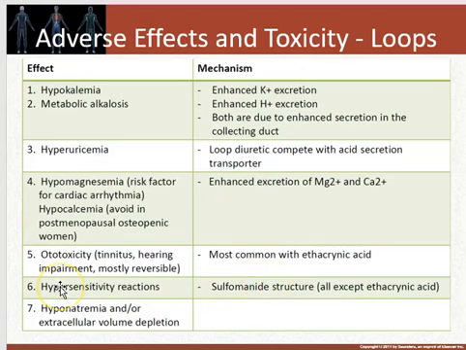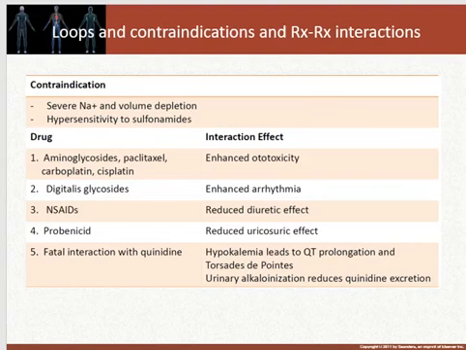Patients that are allergic to sulfonamides may exhibit hypersensitivity reactions to this class. Those are the main adverse effects and toxicities that we associate with loop diuretics. But for the most part, loop diuretics are relatively well tolerated and don't really exhibit dramatic side effects and toxicities unless there's major changes in baseline physiology.